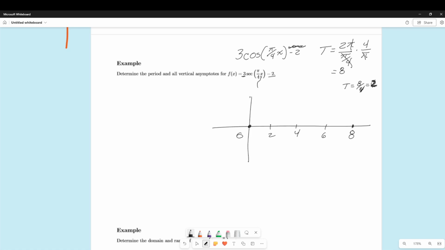And this is a cosine graph, so we're going to start at the top, go to the bottom, so we're going to cross through there, bottom out, cross through there, reach our maximum.